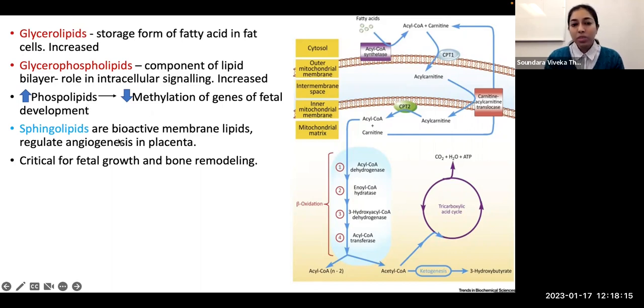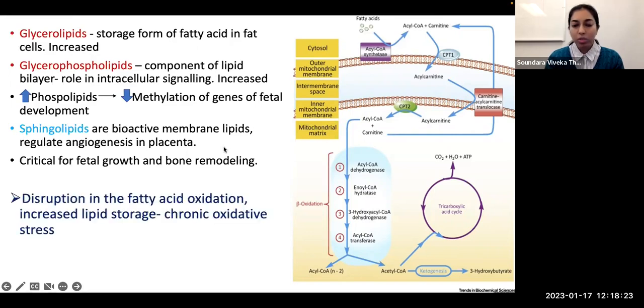Sphingolipids, which are active membrane lipids and which are critical for fetal growth and bone remodeling, were decreased in the biosolids group. So taken together, the profile of these differential metabolites indicates a clear disruption in the fatty acid oxidation and also increased lipid storage.